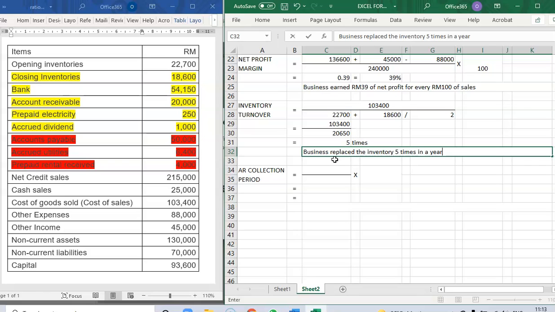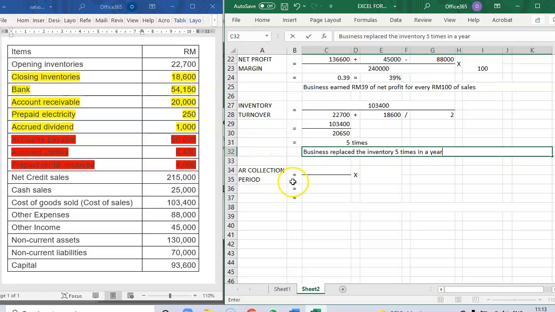That means the business has purchased, stored, and then sold them off. That is one cycle. And then the business can purchase again, store, and sell until the 5 times. So it can be a very good management of selling of the goods or the products.